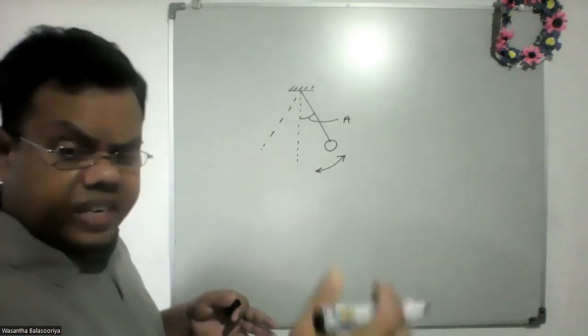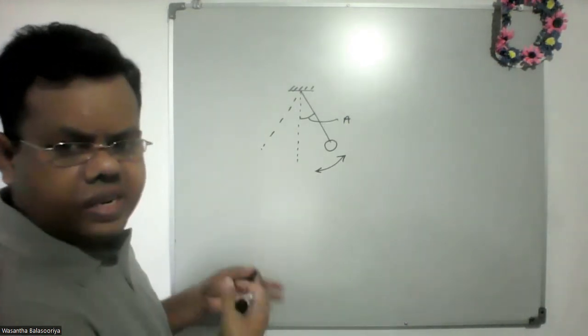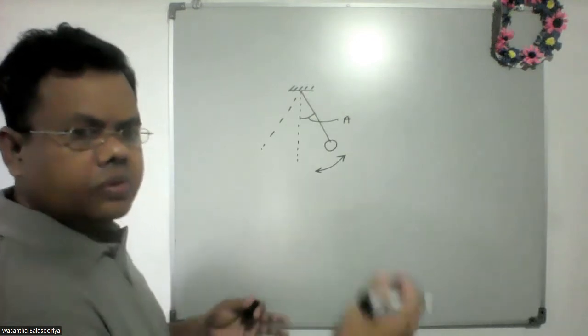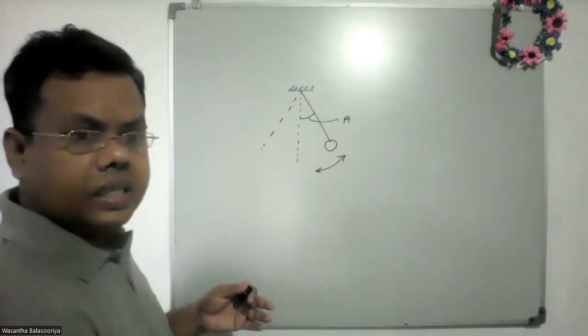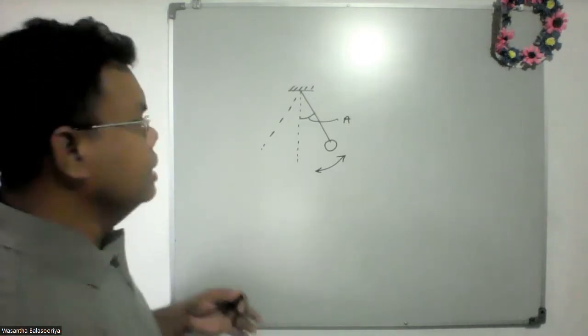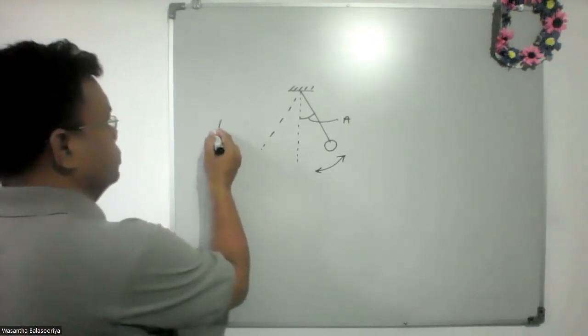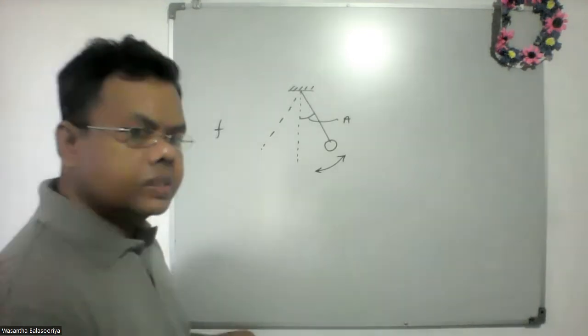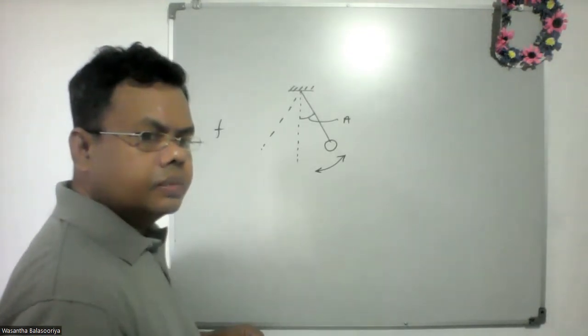there is a frequency. There is a frequency because this is a back and forth motion. It is a cyclic motion. So how many complete cycles per second? That is the frequency. Therefore, there is always a frequency with respect to a simple harmonic motion.